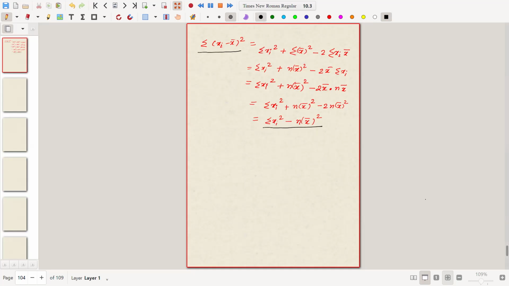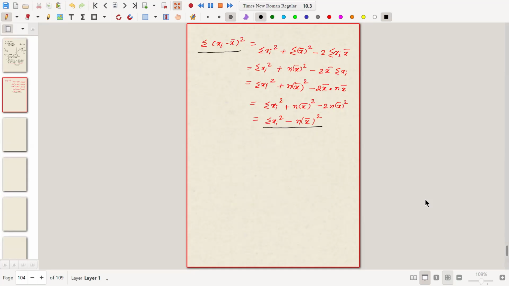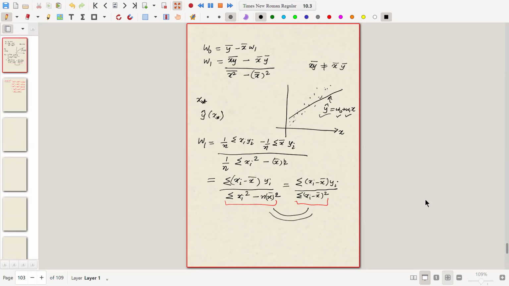Can we go one page back? Can you see now what I have done? I proved just now that these two quantities are equal here, and that's what you are seeing here. That's the reason why I wrote from here to here directly. Are you able to understand?